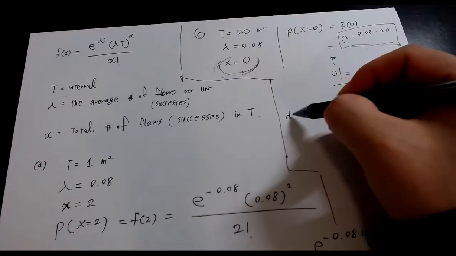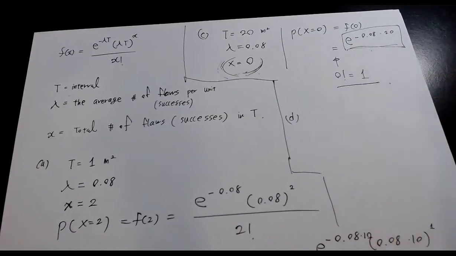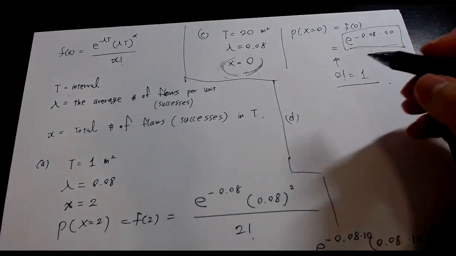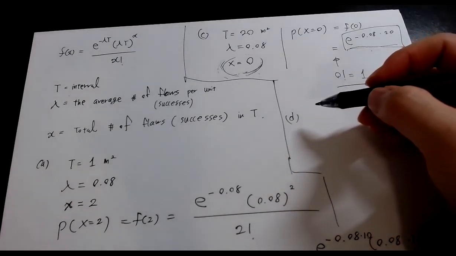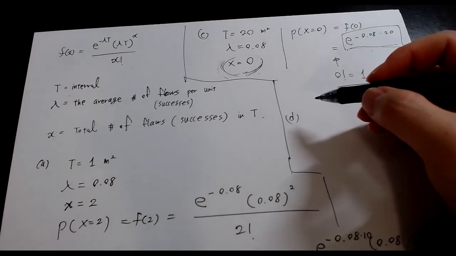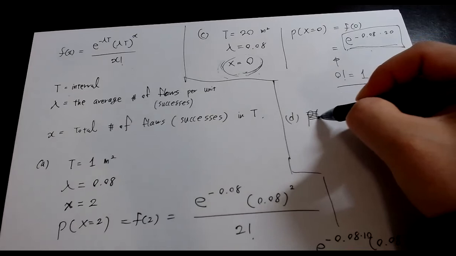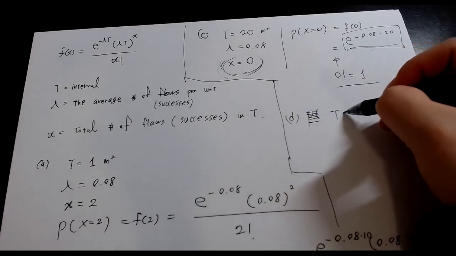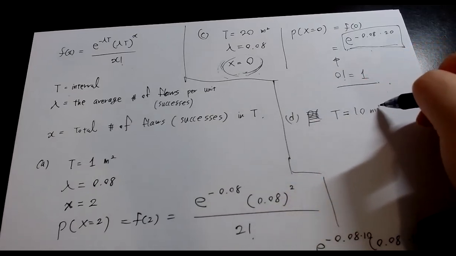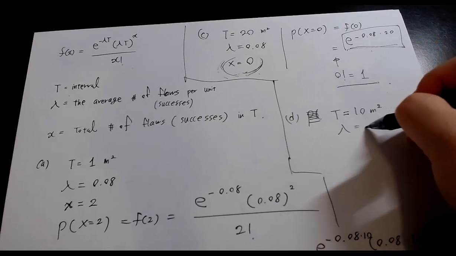And then D: what is the probability that there are at least two flows in 10 square meters of cloth? So at least two. We need t and lambda: t is 10 square meters and lambda is 0.08.